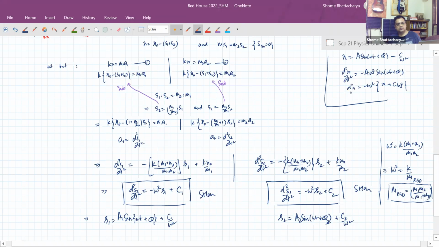So d2x by dt square is minus omega square x plus c. Okay. So whenever we have this equation, it implies x is of this type.